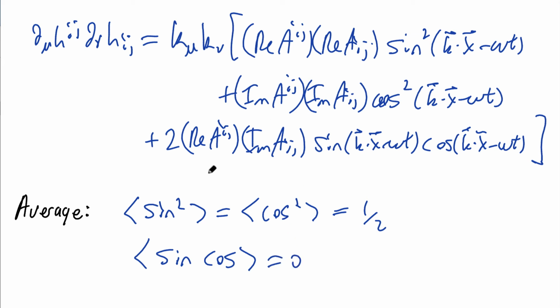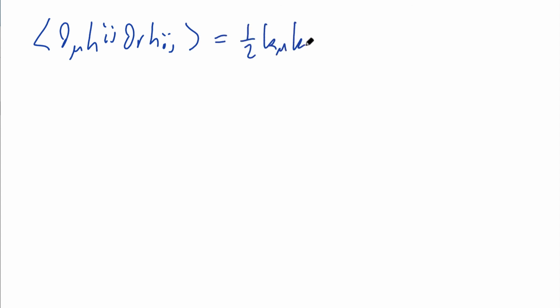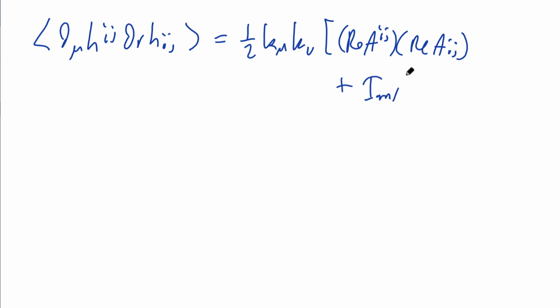So the average value of this expression is 1/2 times k mu times k nu times the real part of Aij squared plus the imaginary part squared.